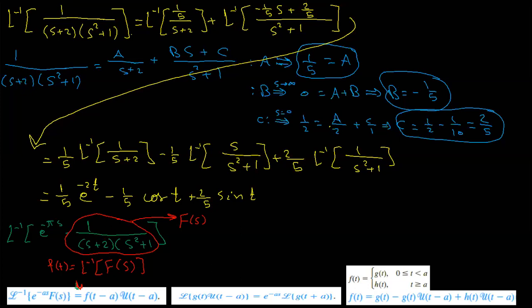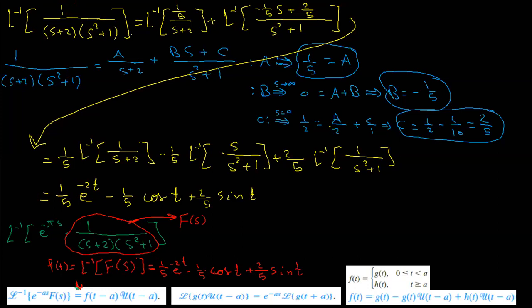Notice that this fraction here in red is similar to this one. So you found this answer. The answer here is given by the last line, Laplace inverse of the same fraction. So it is, let me write it, 1 over 5 e to the negative 2t, minus 1 over 5 cosine t, plus 2 over 5 sine t.